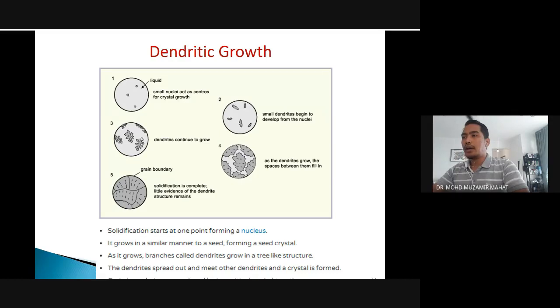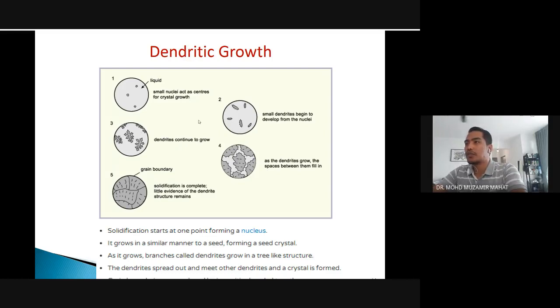When the temperature goes down, we can see that they are forming dendrites, which continue to grow, in a similar manner to a seed, forming a seed crystal.